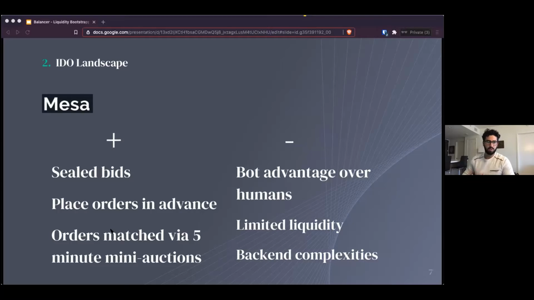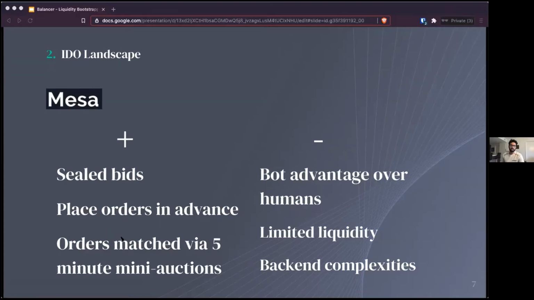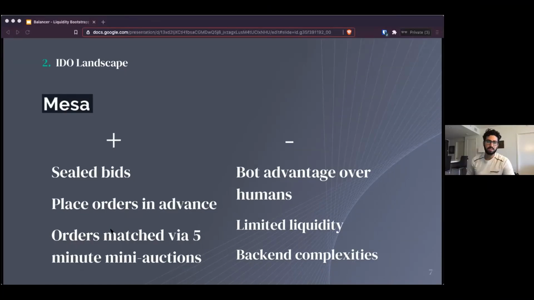That's kind of a cool thing they've done. The idea was to try to limit some of the problems that happen on Uniswap, like the front running and the FOMO, but so far it hasn't really solved that issue.